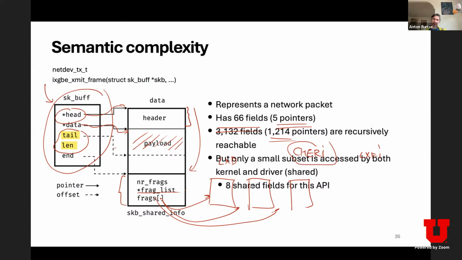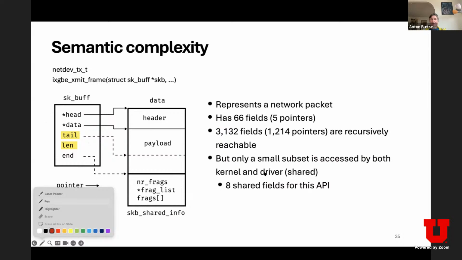In practice, however, only a very small subset of these fields is accessed by each invocation. If you invoke this ixgbe_xmit_frame, only 8 fields of this data structure are synchronized across. So we have to distinguish the private fields, which are never synchronized across the isolation boundary, maybe they're private to the kernel, maybe private to the isolated driver, or maybe they're shared, used interchangeably by the kernel and the driver.